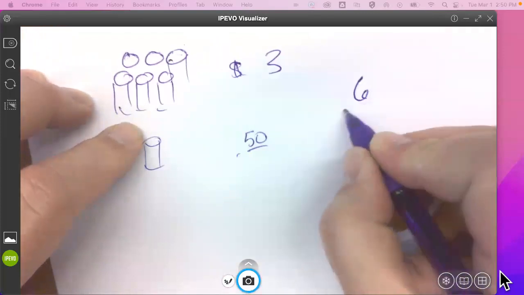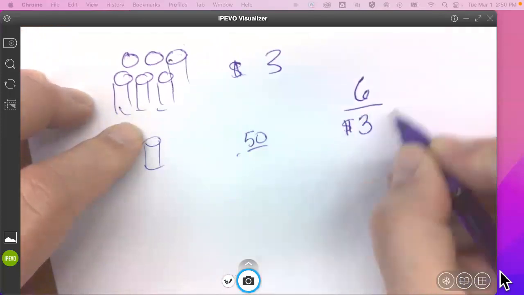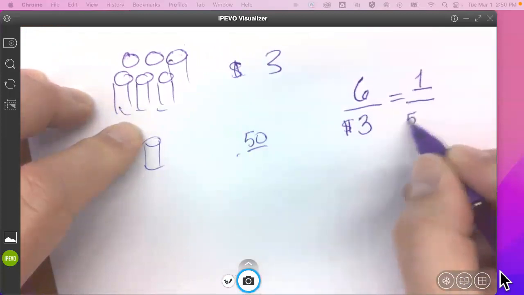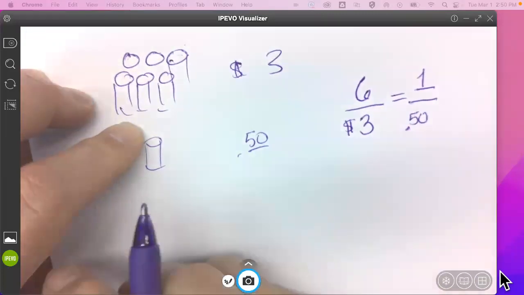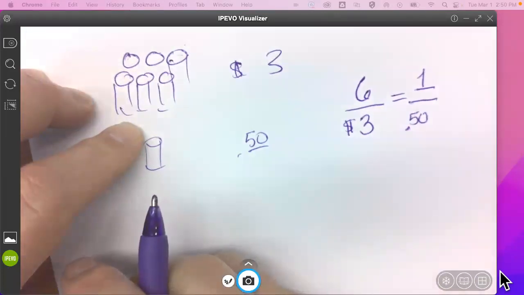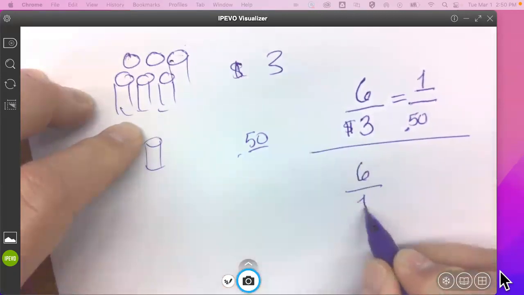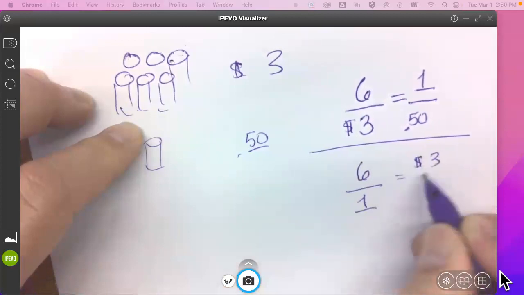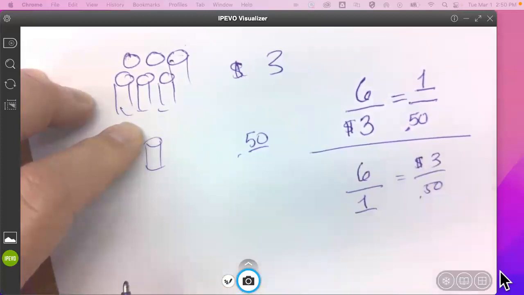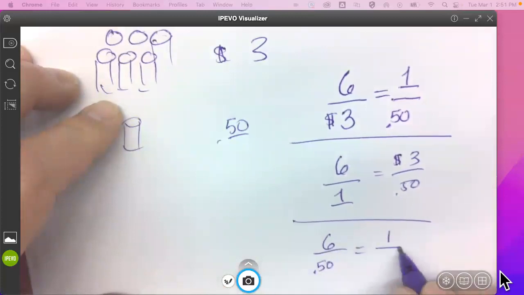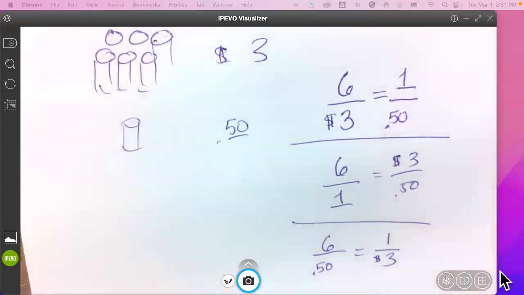You could say that 6 cans at $3 is the same as 1 can at 50 cents. And is that a valid proportion? Could I also say that 6 cans is to 1 can as $3 is to 50 cents? Could I also say that 6 cans is to 50 cents as 1 can is to $3?